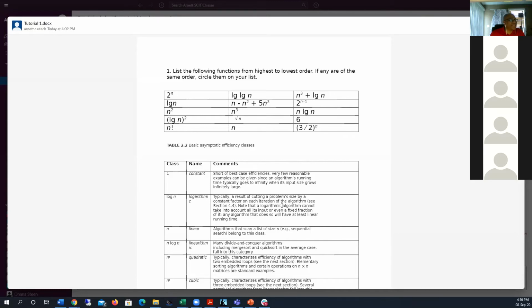Note that a logarithmic algorithm cannot take into account all its input or even a fixed fraction of it. Any algorithm that does so will have at least linear running time.